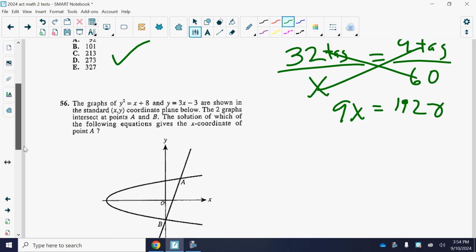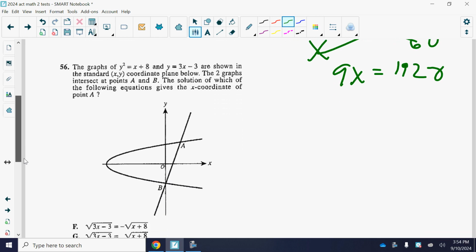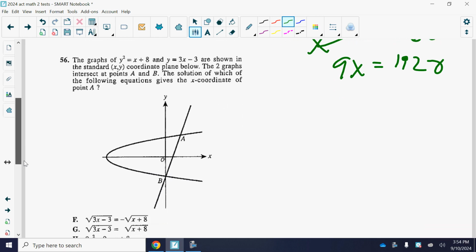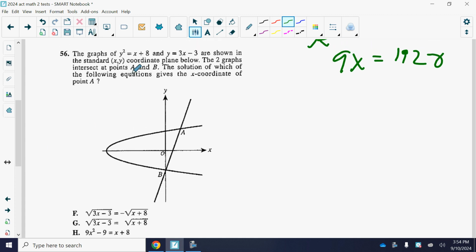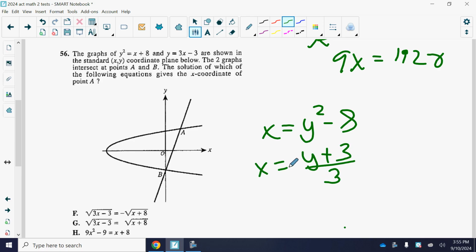The x coordinate of the point A, well, we want the x coordinate, so we want them solved for x. So what's going on here? The first one, x is y squared minus 8. I just move the 8 over. And the next one, x is y plus 3 over 3.